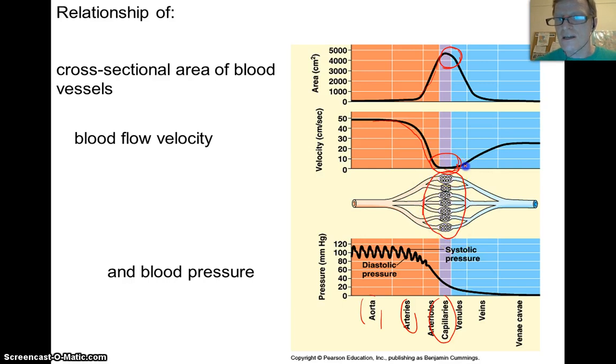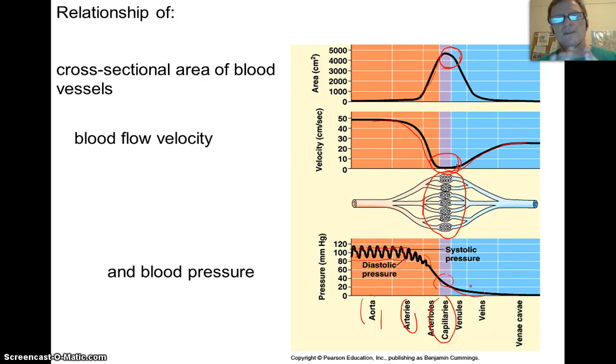The speed is going to increase as it goes back up the veins into the heart, okay? The pressure is going to go down, and you can see the pressure in the arteries actually varies up and down as the heart beats. When the heart beats, that's called the systole. When it's not beating, that's the diastole pressure. So as it beats, it goes between those two, systole and diastole. And then as it gets into the capillaries, the pressure goes down, and in the veins it's even lower.